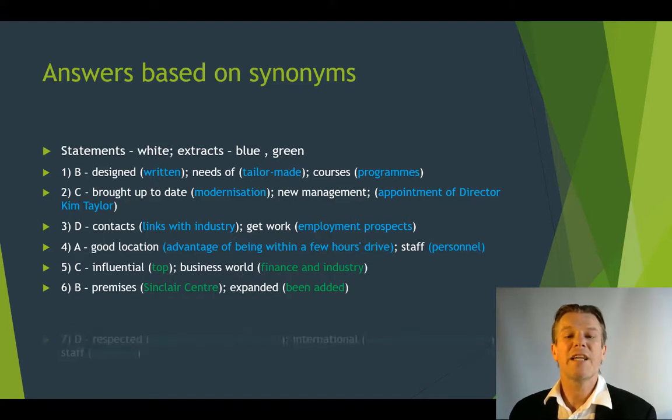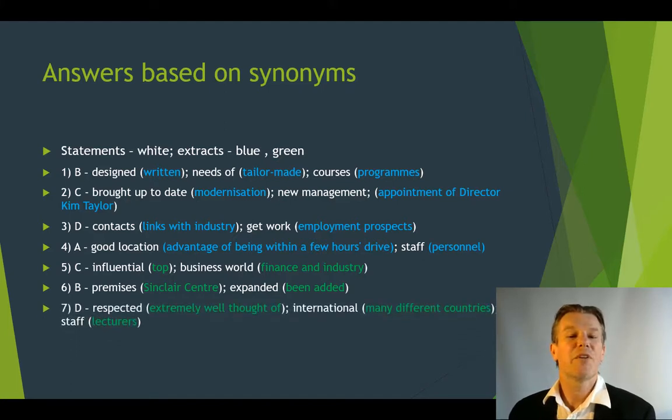And then finally, our last one, number 7, the answer was D. In the statement, we had the word respected. In text D, we had extremely well thought of. We also had the word international to help us. And in text D, we had many different countries. And finally, for staff, we had the word lecturers.